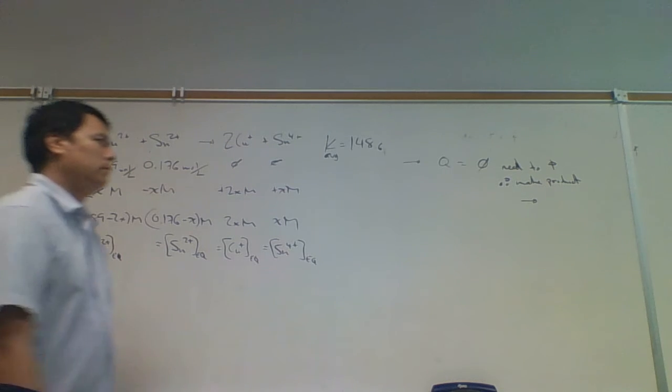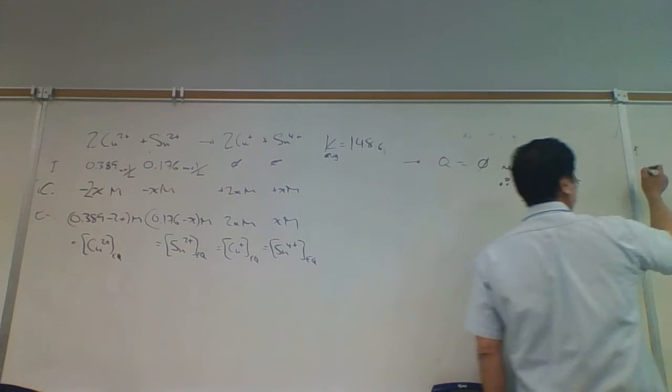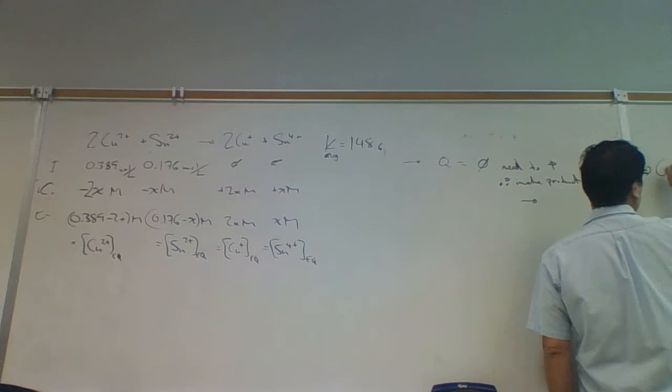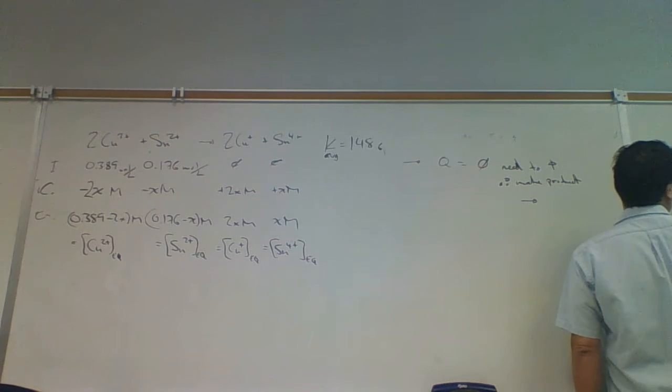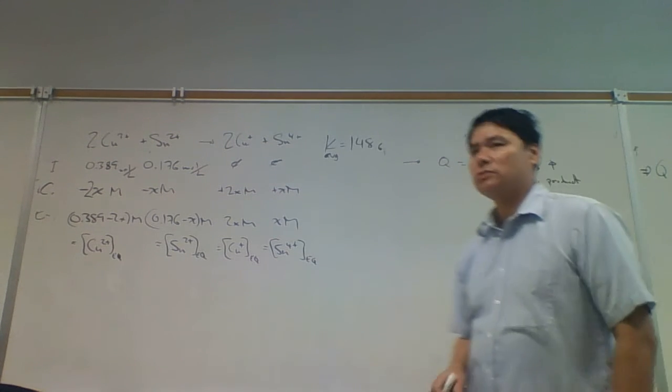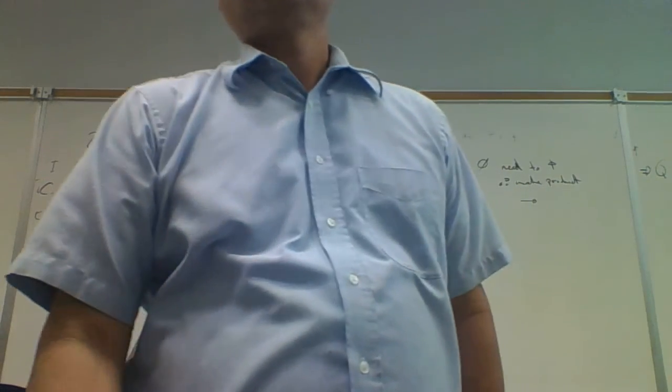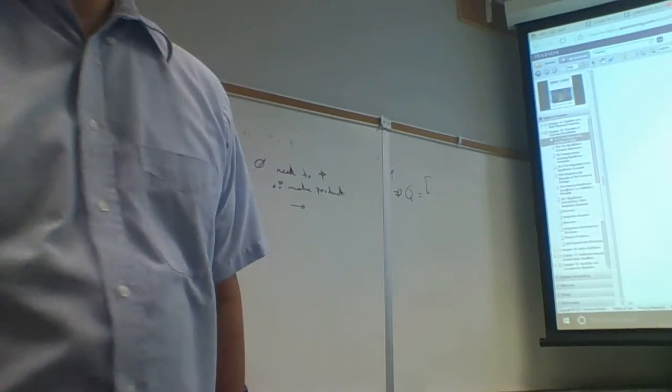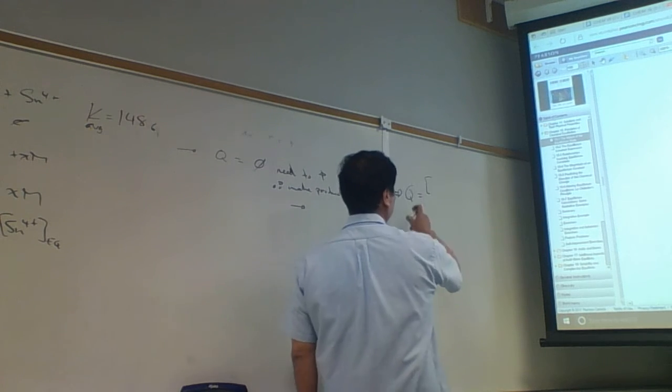And so what we do here is this. Let me define Q, the equation for Q. Q is equal to, not the equilibrium concentrations, Q is equal to what concentrations? Initial concentrations. So the definition of Q is this.